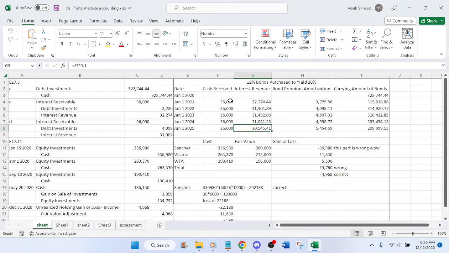It's not accounts receivable, is it? Wait a minute. What is the 36,000 recorded as? It's not accounts receivable, it's interest receivable. Close, very close, but not quite. It's interest receivable.